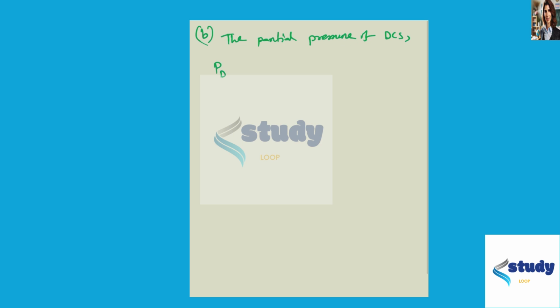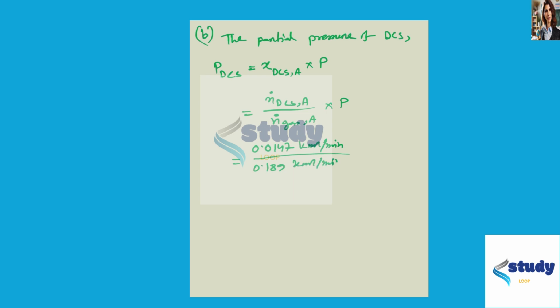The partial pressure of DCS is equal to the mole fraction of DCS at point A multiplied by the total pressure, and the mole fraction can be found by dividing the number of moles of DCS at point A by the number of moles of gas at point A. The number of moles of DCS at point A is 0.0147 kilomole per minute, and total amount of gas at point A is 0.189 kilomole per minute.